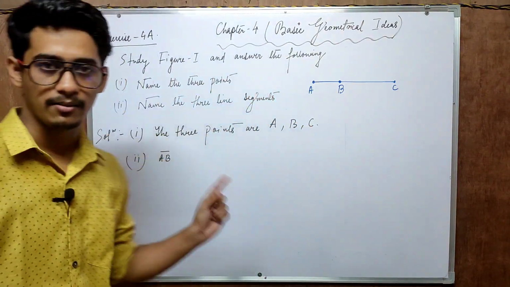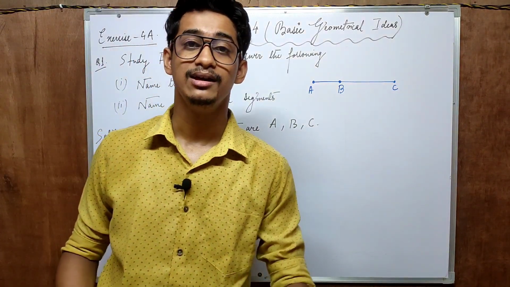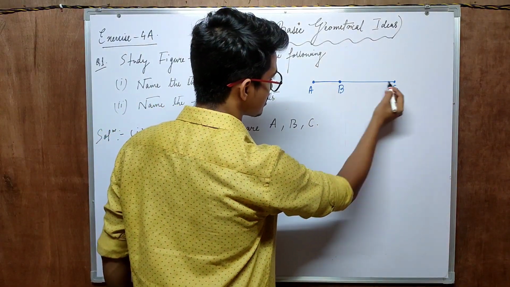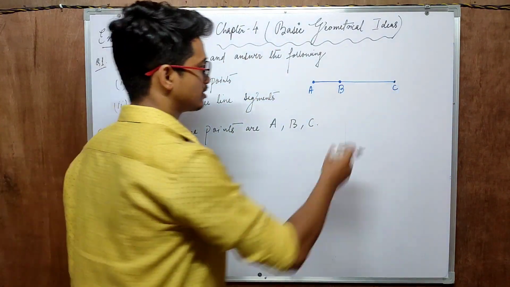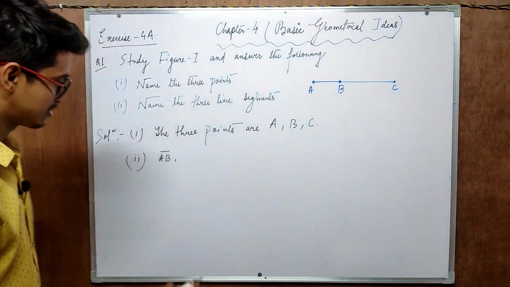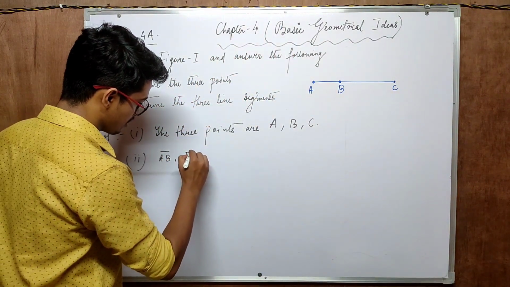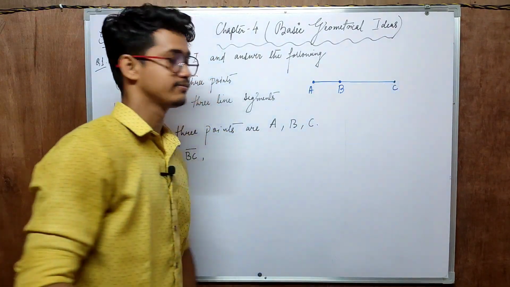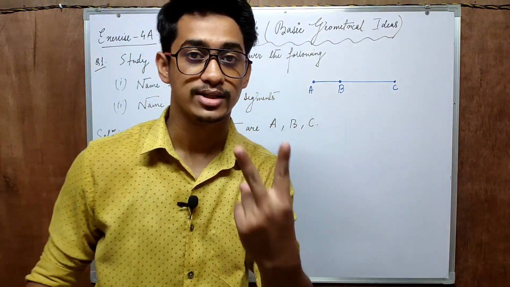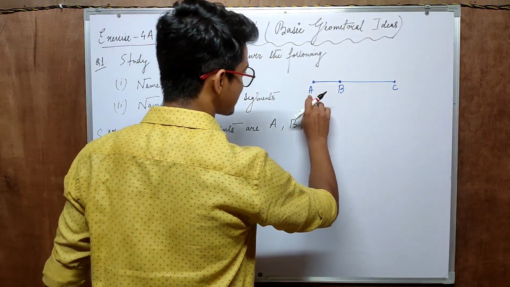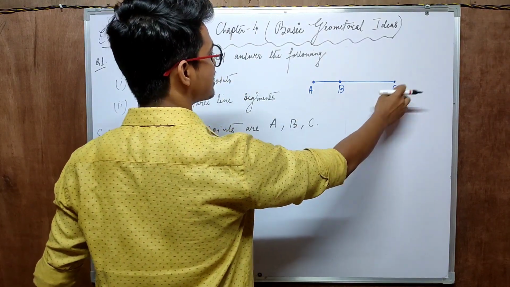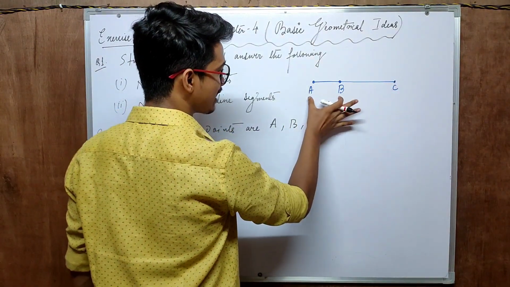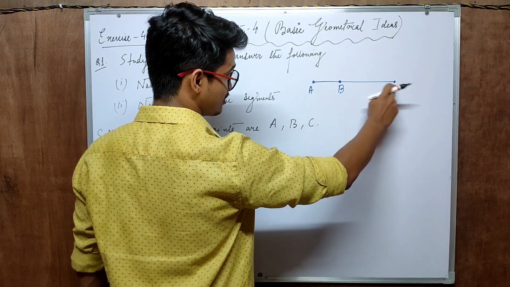This short mark denotes the line segment. Next, if you see this and this, two endpoints are there, so BC will be the next line segment. And last but not the least, if you observe, this is the first point and the last point. Here also two endpoints are there, so this is A and C, and there is a gap being created, or you can say the connecting points are A and C. There is a bridge, right?